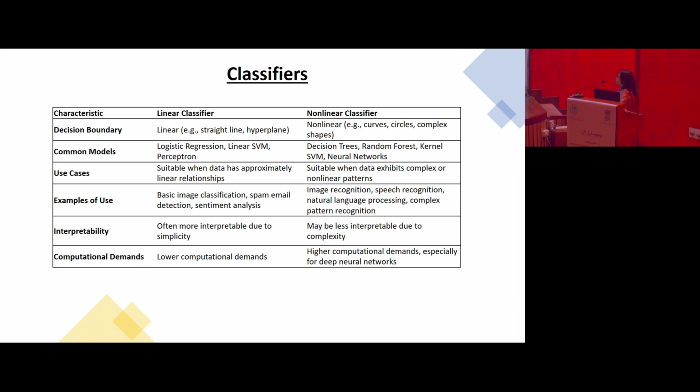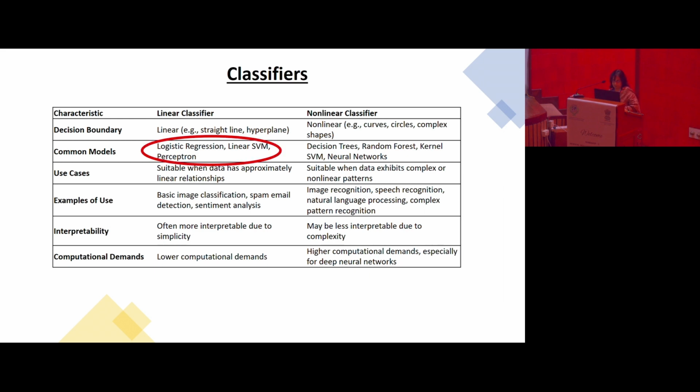When it comes to interpretability, because of their simplicity, linear classifiers are more interpretable and require lower computational demands in comparison to nonlinear classifiers. Some of the common models in linear classifiers are logistic regression, linear SVM, perceptron, whereas in case of nonlinear classifiers, we have decision trees, random forest, kernel SVM, and neural networks.